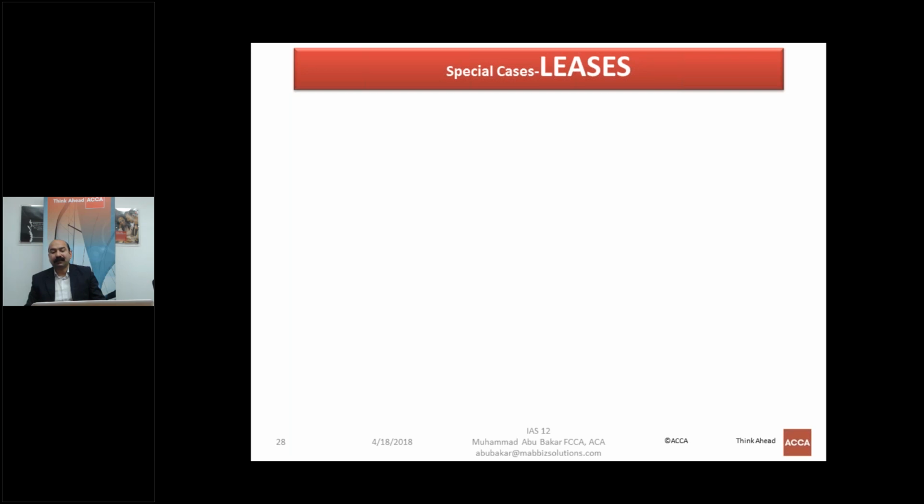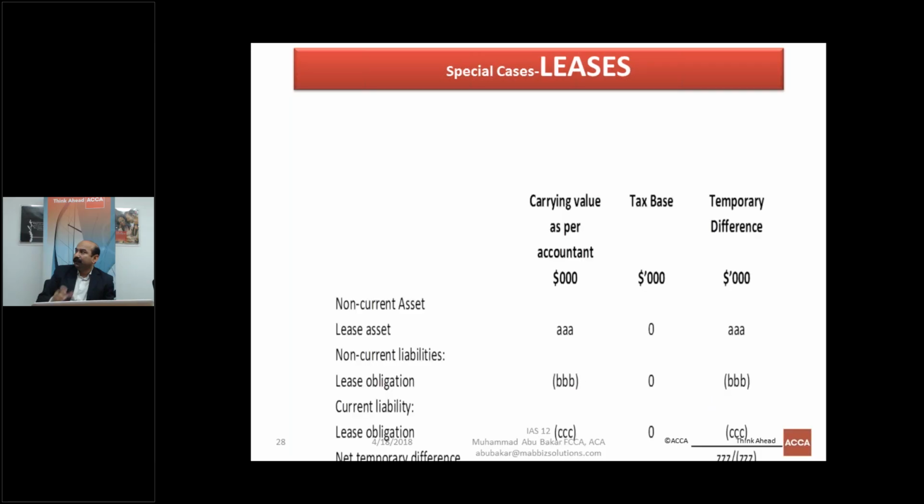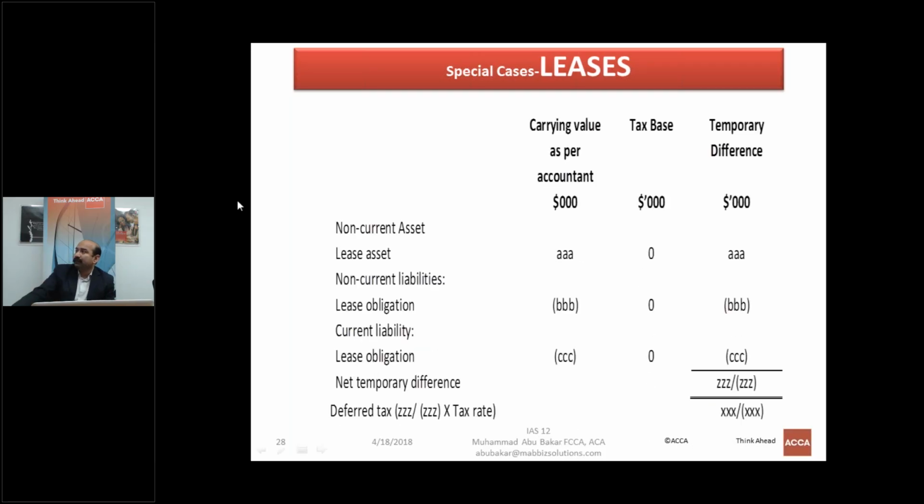The tax base of account balances appearing in the statement of financial position will be 0. See, if we apply the statement of financial position approach, here you can see this will be your lease asset. This is your lease obligation non-current portion. This is lease obligation current portion. But from the tax point of view, they do not take it as your asset because it is not owned by your organization.